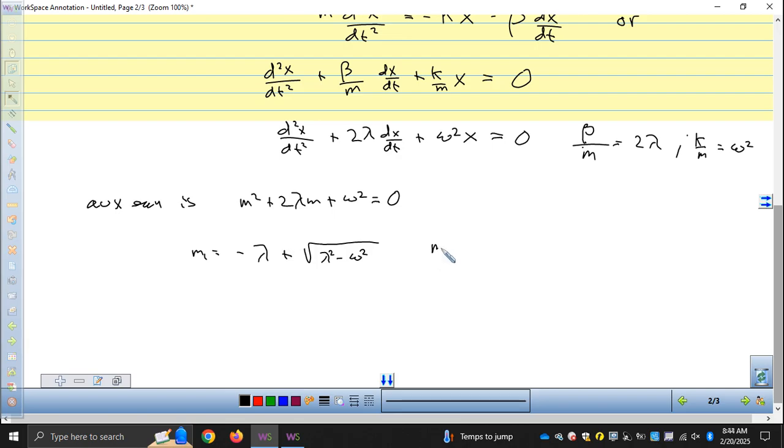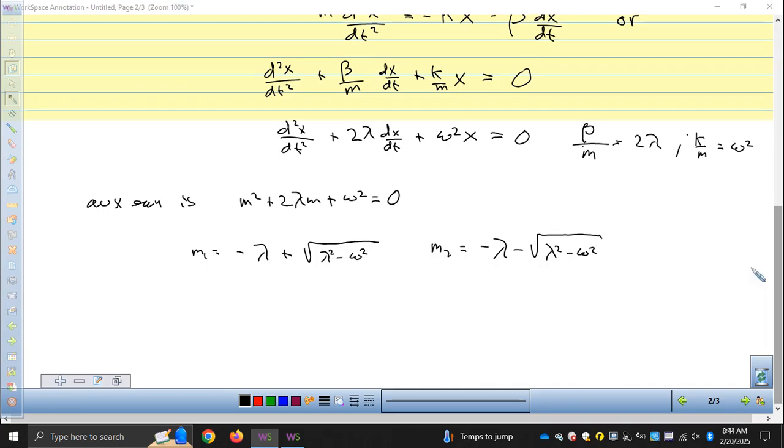And m2 is negative lambda minus the square root of lambda squared minus omega squared. So the 2 lambda here lets us avoid having fractions in there.